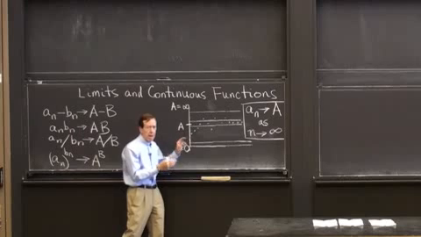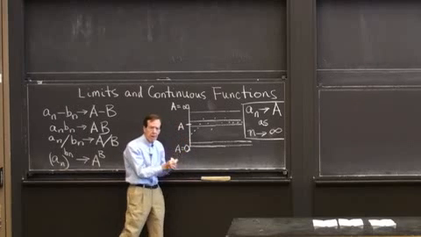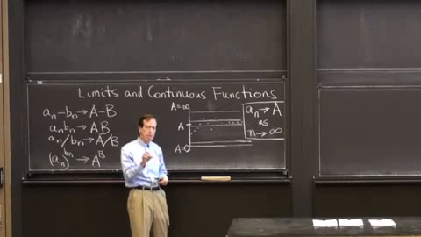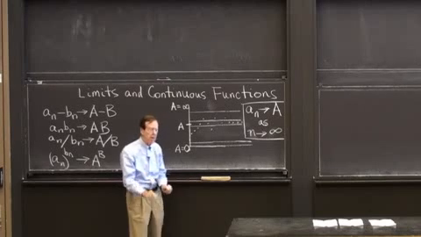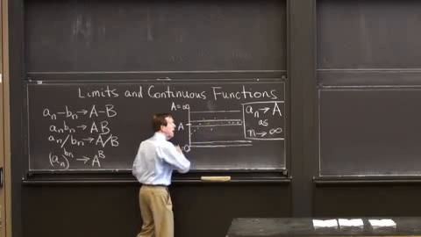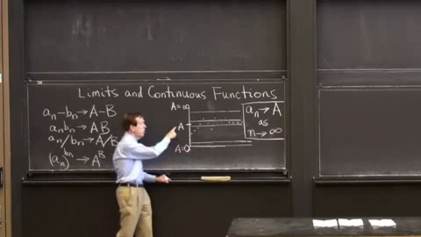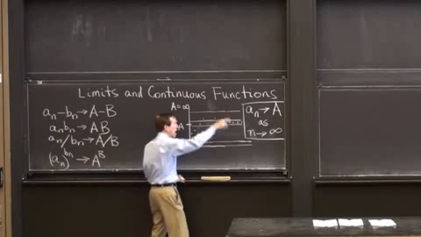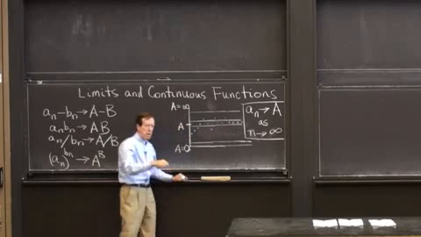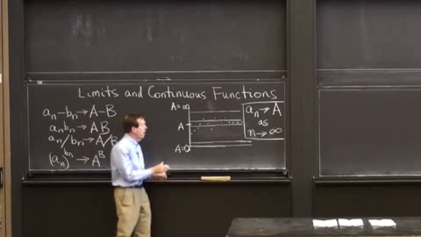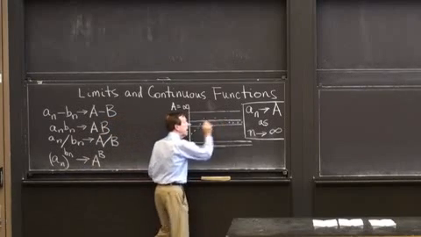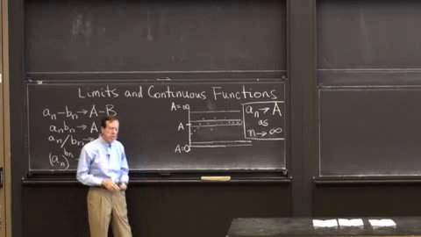And the slit then could be smaller. And then they would have to get into that smaller slit and stay there. So that's what it means for the numbers to approach A: eventually, after any number of jogs around, they get inside and they stay there, however thin that slit is.